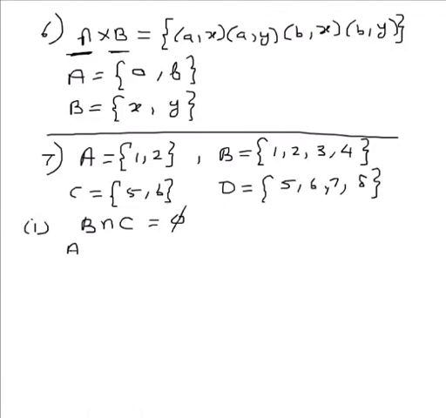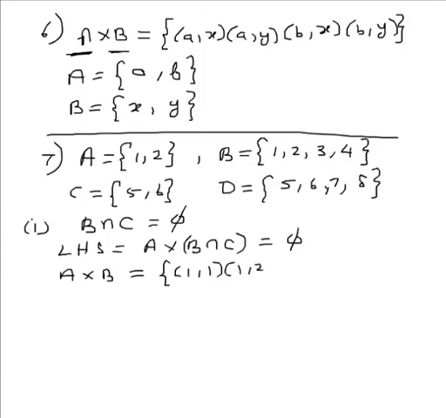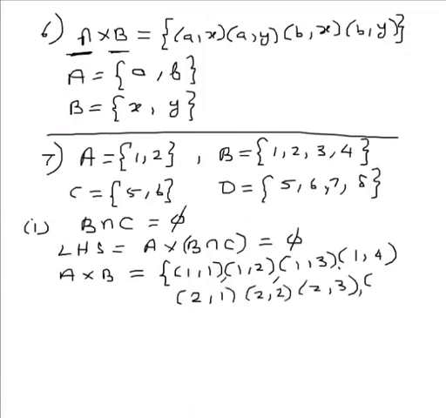Therefore, the left hand side, which is A cross (B intersection C), will be a null set. Now let us write A cross B. A has 2 elements, B has 4 elements. So A cross B will have 2 into 4, 8 elements: (1,1), (1,2), (1,3), (1,4), then (2,1), (2,2), (2,3), (2,4).